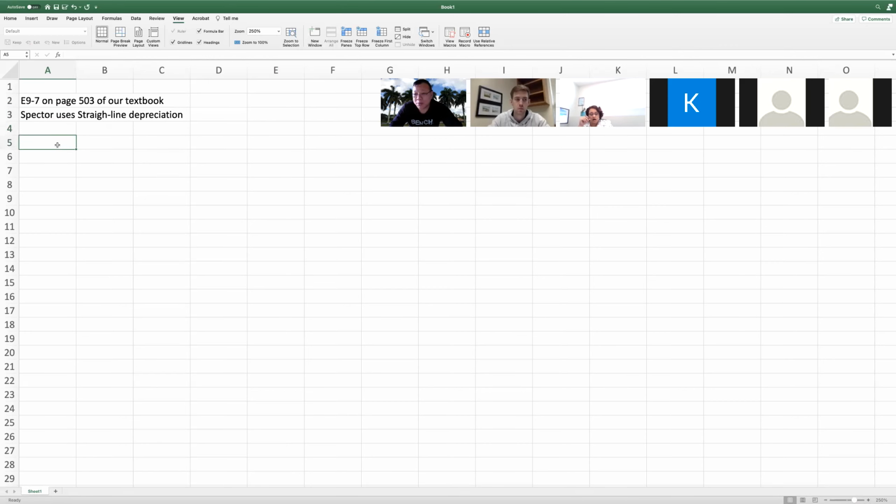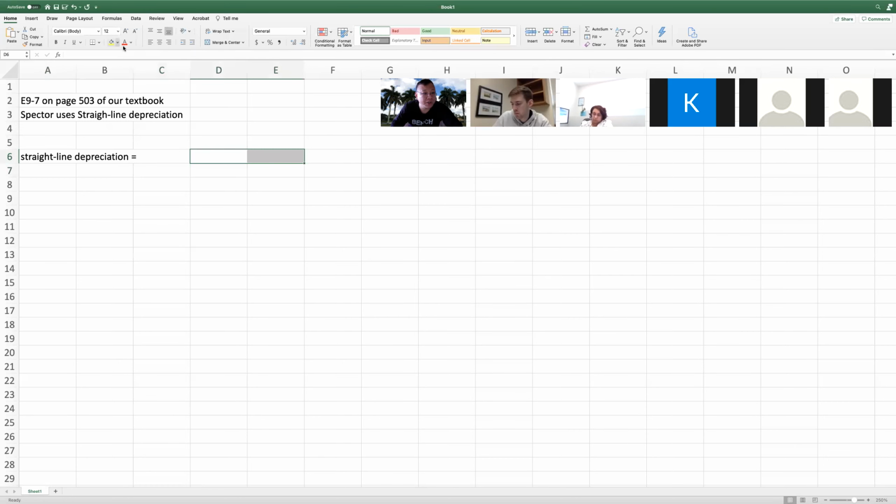Can anyone tell me how do we calculate straight line amortization? So there is a division, right? You have a numerator, denominator. What is the numerator? Your carrying value divided by the years of useful life.